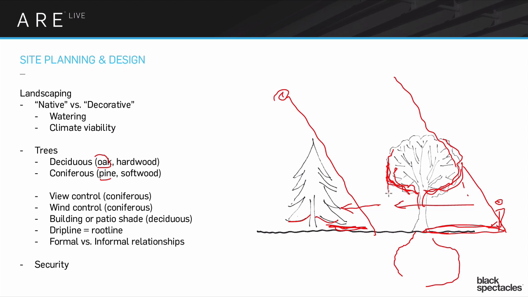So as the water would drip off that edge of the canopy, that, in a circular plan on the site plan, is going to be the area that you don't want to disturb, because I wouldn't want to dig into this ground to put in, say, a foundation, and therefore damage the root ball and kill the tree.